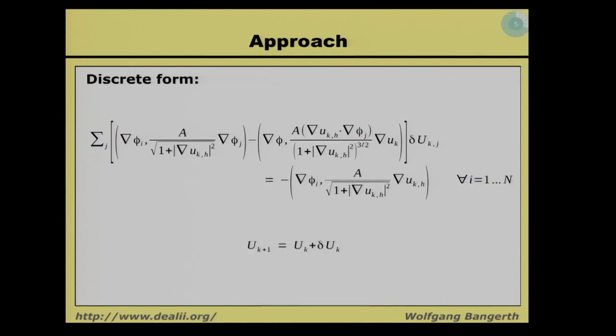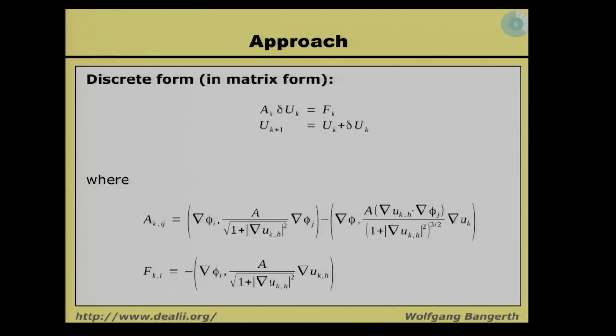If you discretize it, then you replace the delta u_k by a sum over j of shape functions phi_j times coefficients delta u_k,j. And so, of course, what you get here is a sum over j of some matrix a_ij times delta u_k,j, and on the right-hand side, these are my f_i's. Then when I compute this delta u_k, I compute the update u_{k+1} equals u_k plus delta u_k.